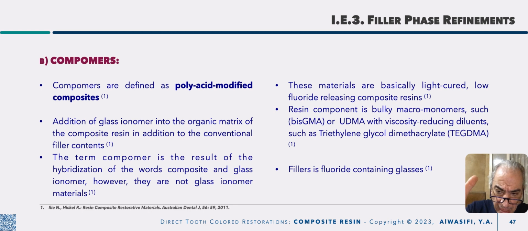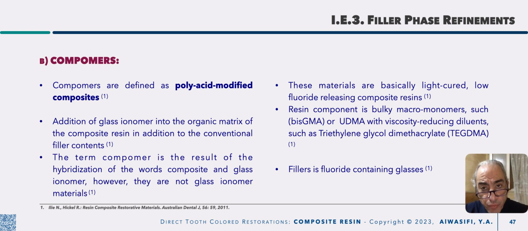How do they manufacture this material? Simply, it is a composite with a matrix phase and a filler phase, but half of the filler content is an aluminosilicate glass with freeze-dried liquid, mixed with your composite.